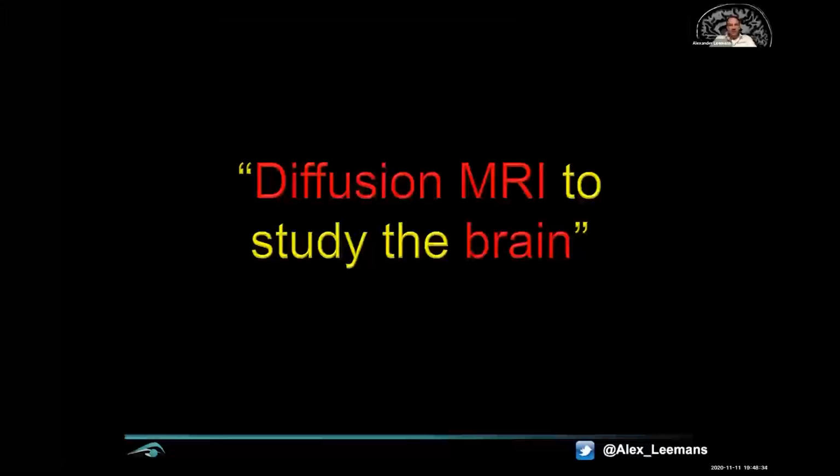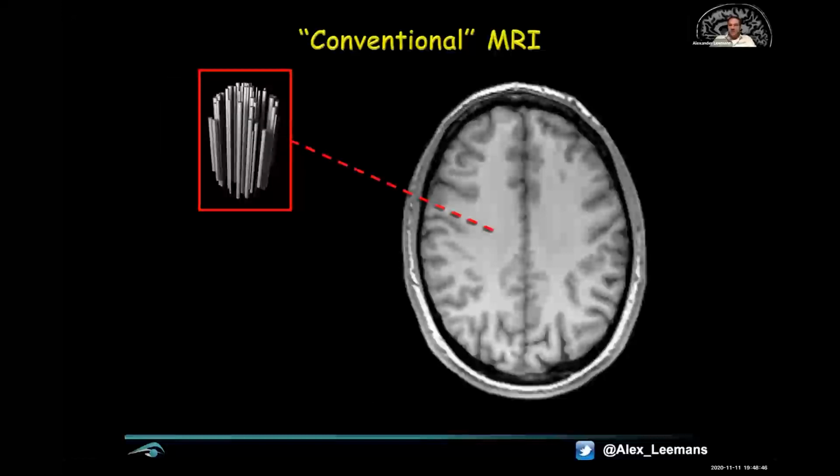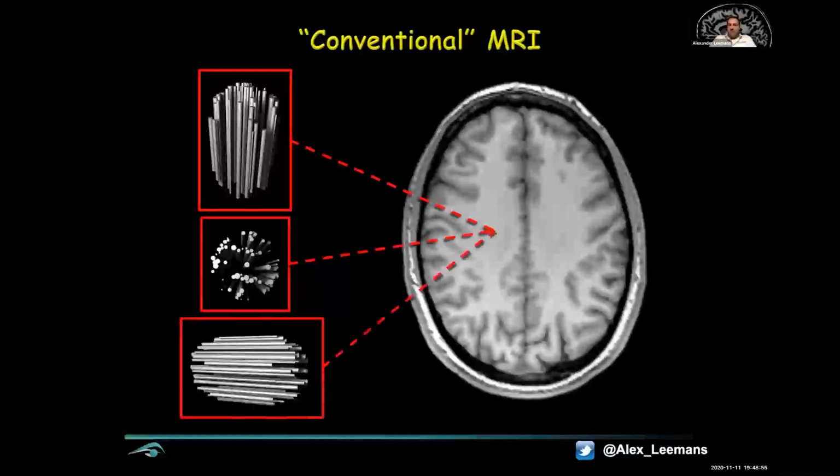Let's put it all together then. We're looking at diffusion, we're looking at MRI, we're looking at the brain. What we're doing is looking at MRI data like here. In this case, we see on a conventional MRI image the white matter, the bright part in the image, but we have no idea about the orientation of these fiber bundles.